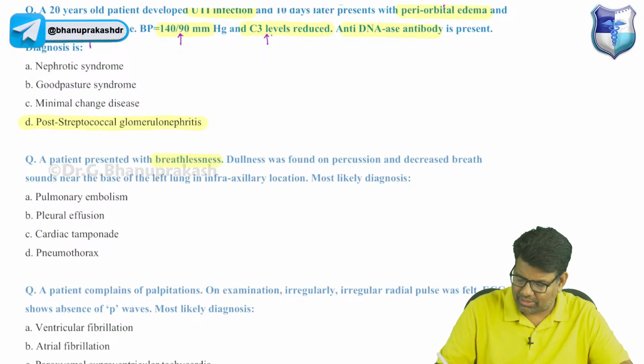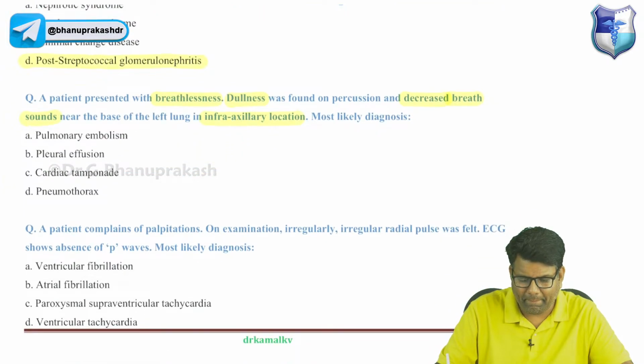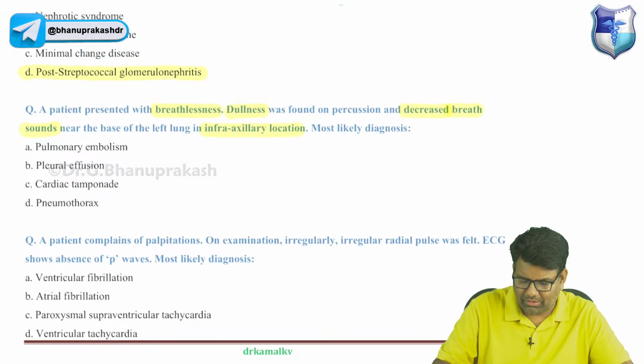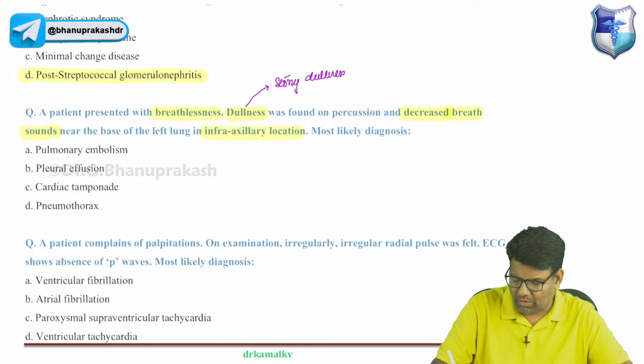Now next question. There is breathlessness, and on percussion you find dullness, and breath sounds are also heard less, especially in the infra-axillary location. What can be the diagnosis here? If you percuss and find dullness, you can remember it like stony dullness or liver dullness.